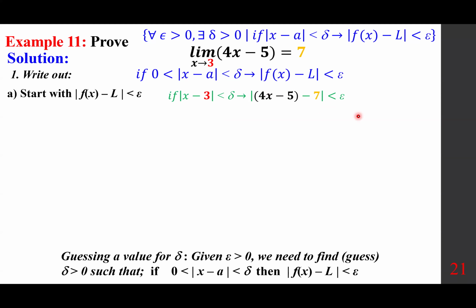So let's work it out. The idea is that from here, you get to an expression that contains this, and you find the relationship between epsilon and delta. So let's write it in this fashion. 4x minus 5 minus 7 is 4x minus 12, less than epsilon. I can take the 4 outside the absolute value.